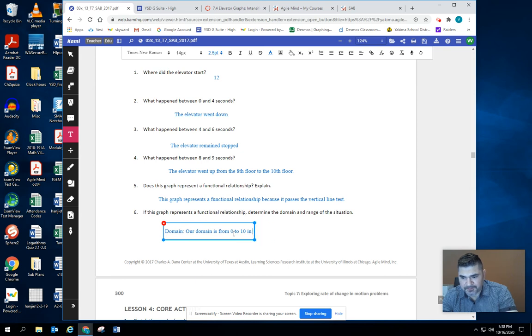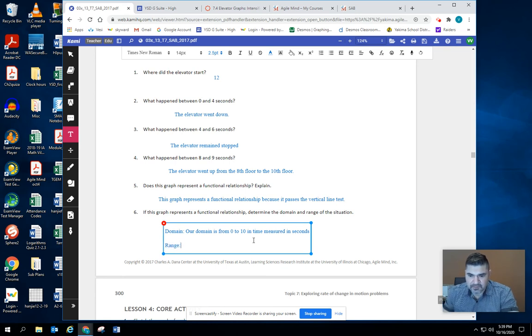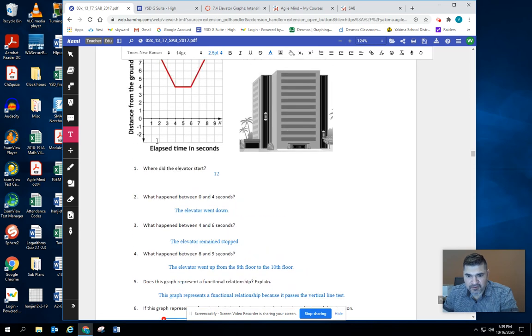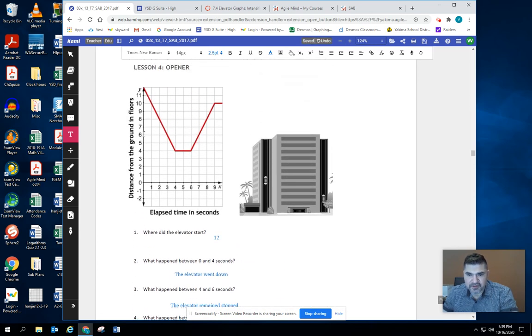But in time, measured in seconds. And let's see, our range is going to be our y coordinates, right here. So our range is from, let's see, the very top is 12, and what's the furthest we go down in this graph? We go down to 4.